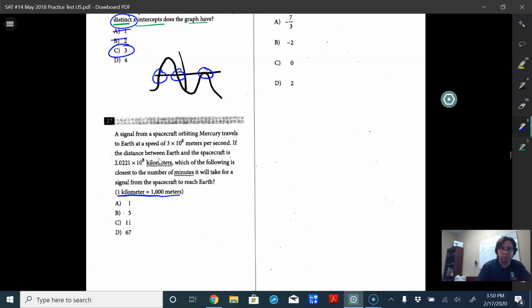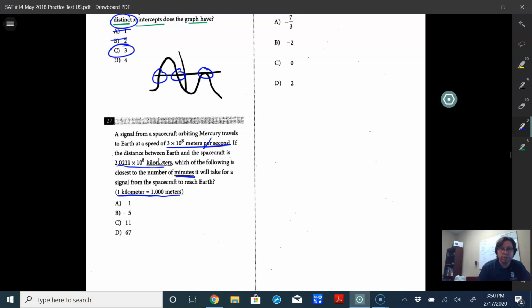So this one reads, a signal from a spacecraft orbiting Mercury travels to Earth at a speed of 3 × 10⁸ meters per second. Remember, that's a number over a number. If the distance between Earth and the spacecraft is this, which of the following is closest to the number of minutes it will take for the signal to reach Earth?